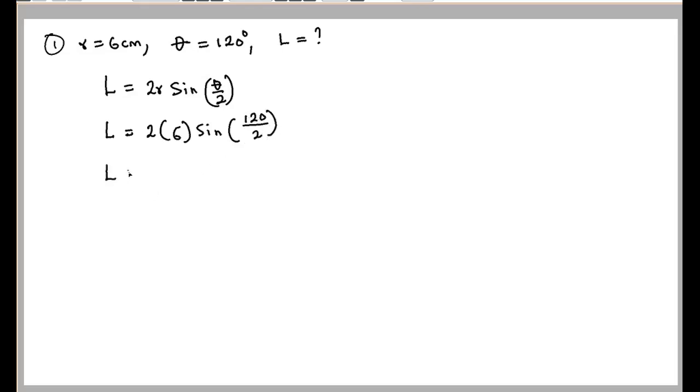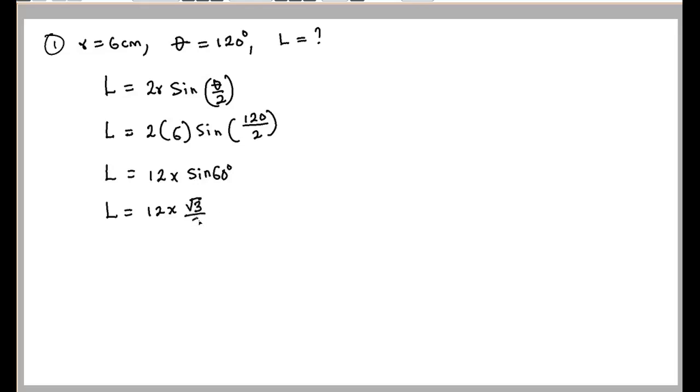So L is now equal to 2 times 6 is 12, times 120 divided by 2 is 60. So we have sine 60 degrees. So L is now equal to 12 times sine 60. The angle is special, so sine 60 should be root 3 over 2.